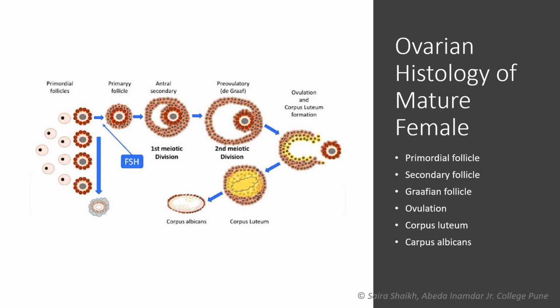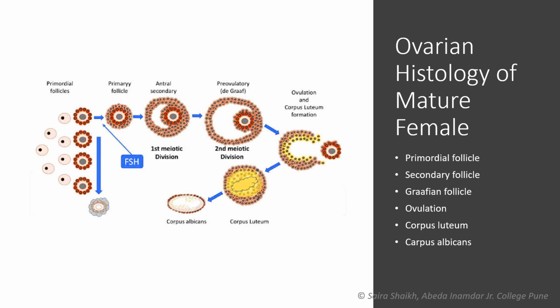Now in the follicle, a double layer of follicular cells is formed. The oocyte is also developing. Now the follicle is called a primary follicle. So in the primary follicle, you can find a double layered follicular cell layer.